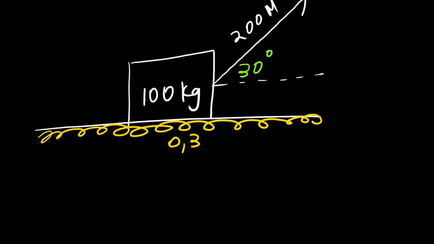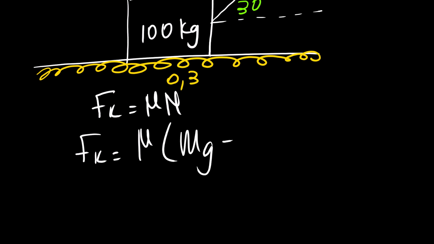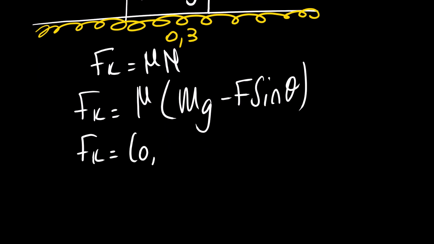Now in this situation, we start by writing the equation, normal force, and then we have Fk is equal to coefficient multiplied by mg minus F sine theta. Then we have Fk is equal to 0.3, and then the mass, let me use a square bracket.